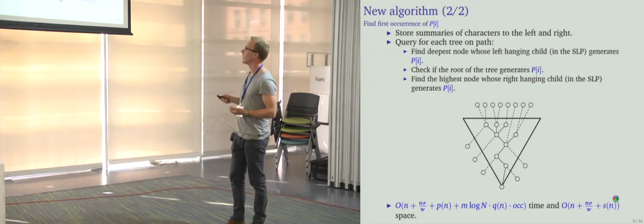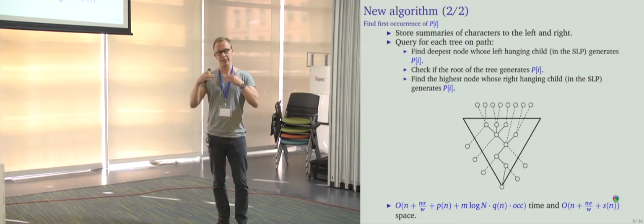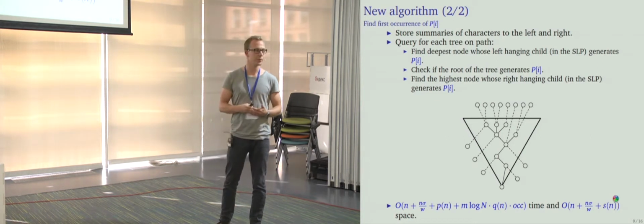And if it's not in any of these or the root, it's a last colored ancestor query that we need to make, which is a new thing we define in this work.